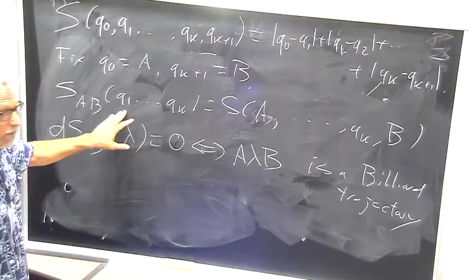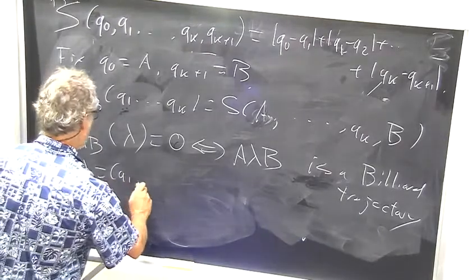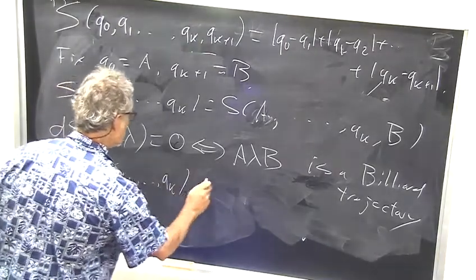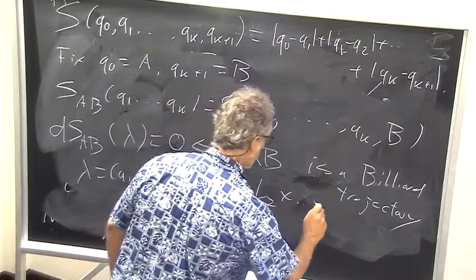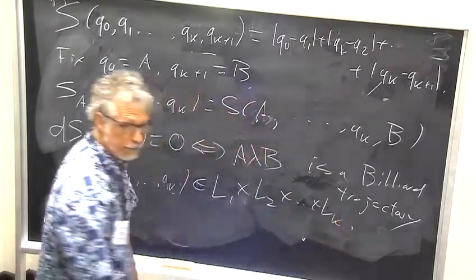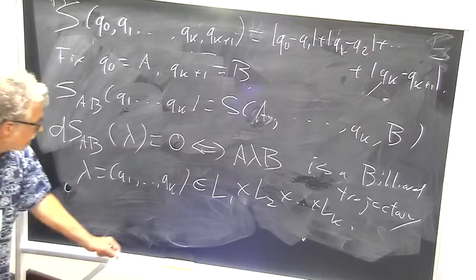You have to remember where these vary: lambda, which is Q1 up to Qk, is varying in L1 cross L2 up to Lk. That part's a computation.